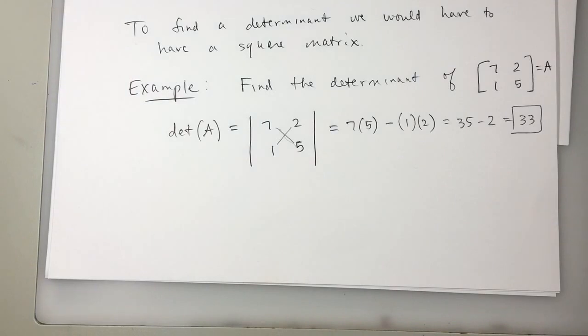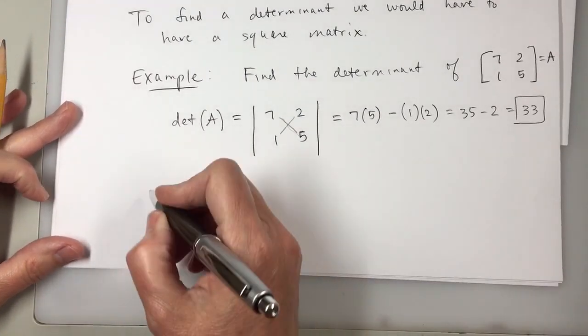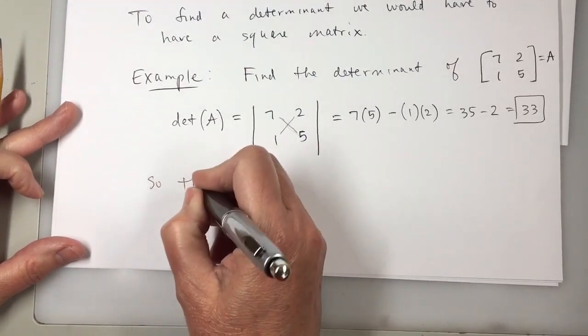Is it always the left subtracted by the right, or is it the other way around? It is the left, from the top left to the bottom right, minus the bottom left to the top right. In fact, the formula for it is what I'm going to write next.